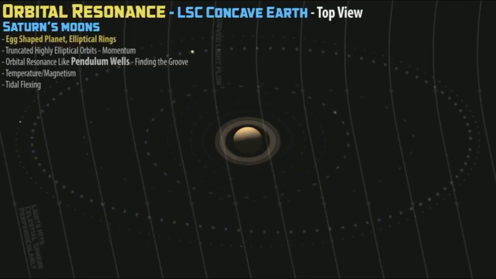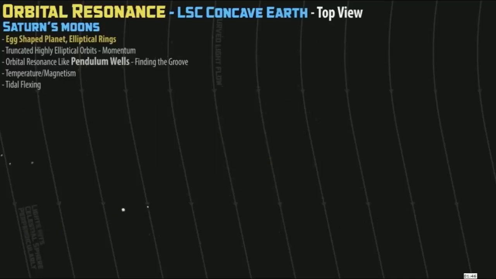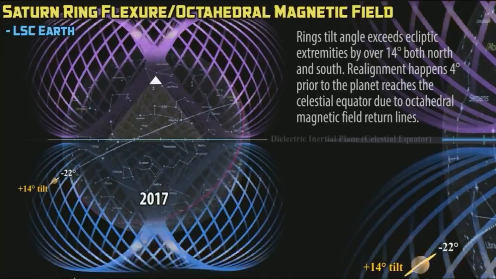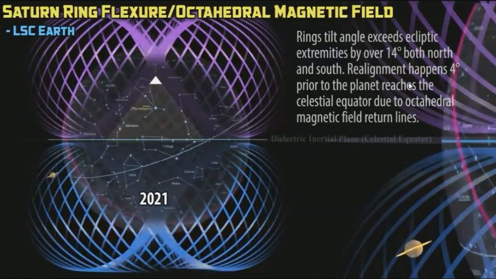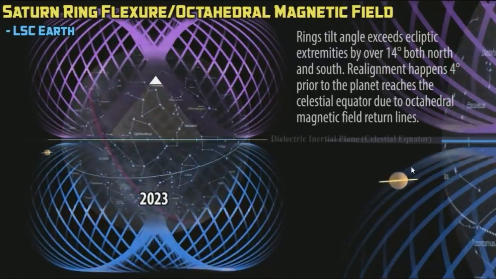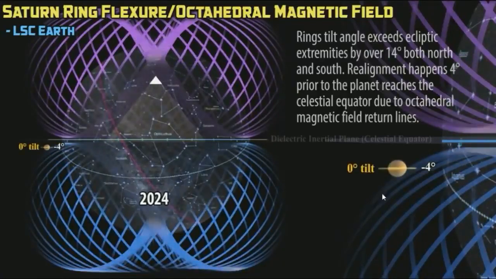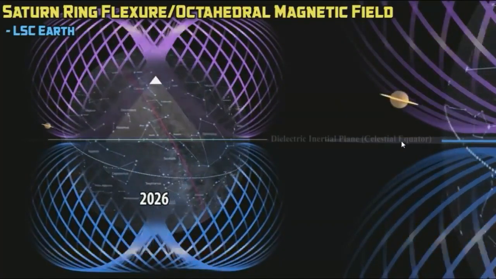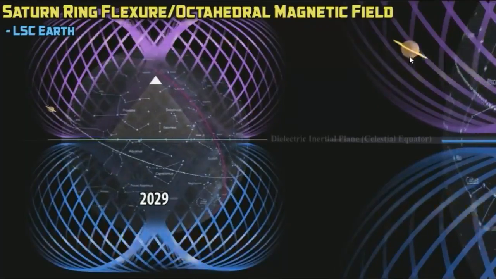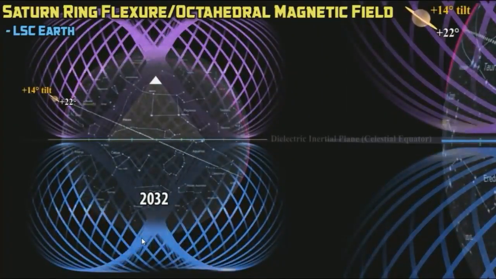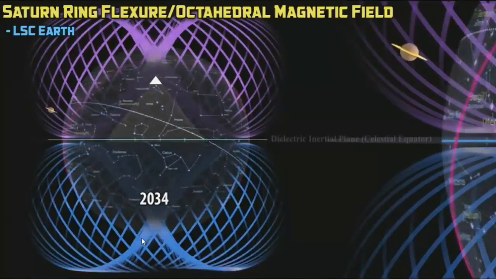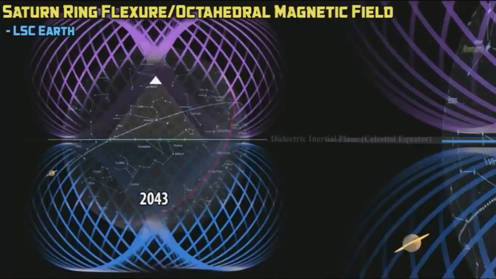It's because of the octahedron magnetic field and the fact that these northern hemisphere and southern hemisphere magnetic flux lines are actually influencing the tilt angle of Saturn and the other planets as well. But Saturn, I think, is a key indicator because it has the rings. So there it is, orbital resonance. And remember, things are not as they appear to be.